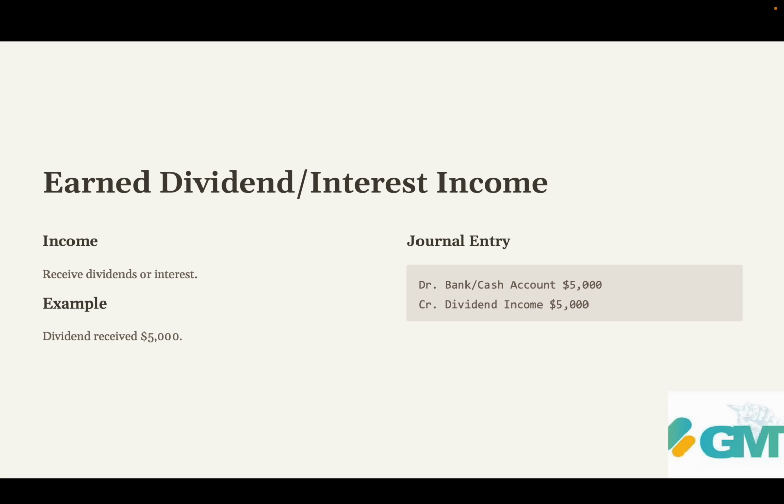When they receive a dividend, for example $5,000, the bank account is debited and investor income is credited with $5,000. If it is an interest entry, instead of dividend income credit of $5,000, you can write interest income received as a credit. Like that, vice versa, you can change your general entry as well.